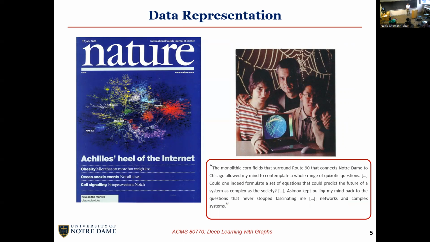Graphs and networks are not very new, but not very old. People have been studying large graphs since the 90s. Albert Barabási, from our own university's physics department, was one of the people that started the field.